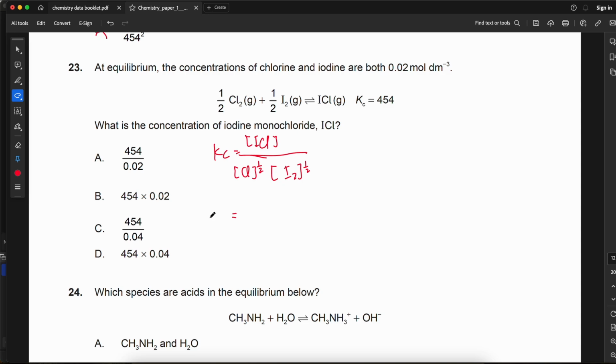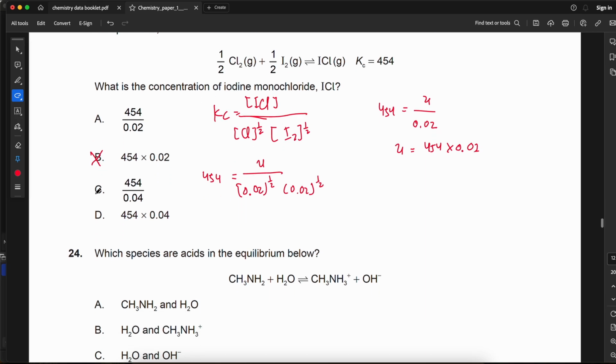We can just say ICl as x, and then for this one 0.02 to the power half, and this one also 0.02 to the power half. So you will get 454 = x divided by 0.02. So x will be 454 times 0.02. So the answer will be B.